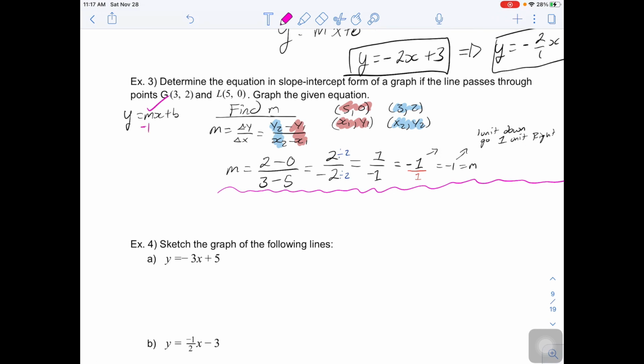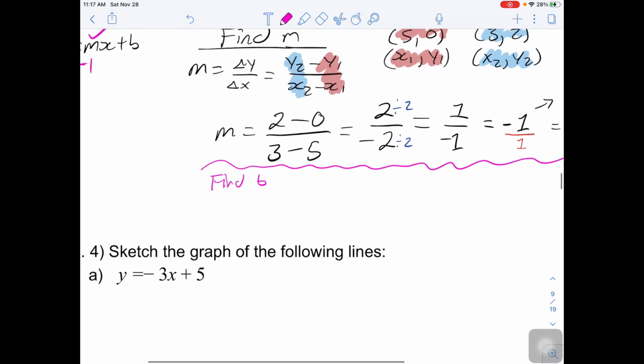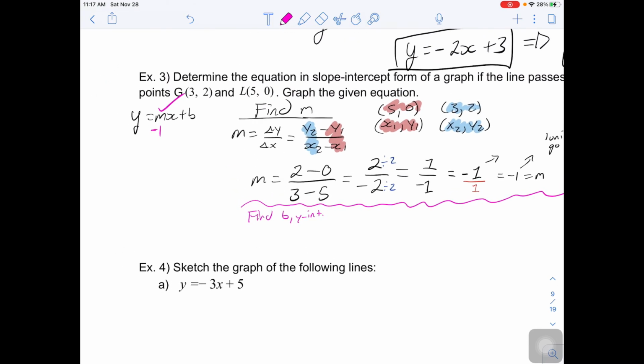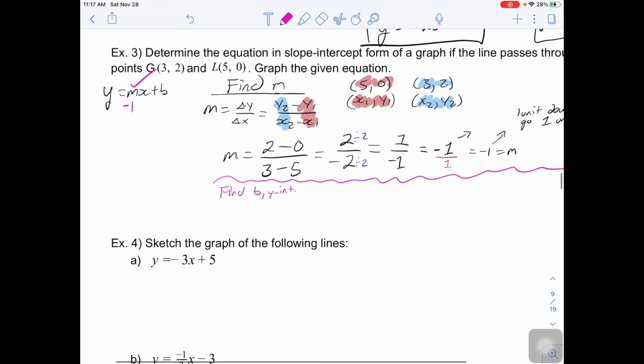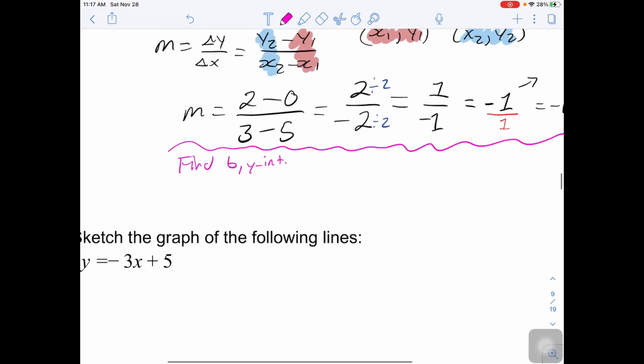Okay, now we need to find b. Remember, b is your y-intercept. How can I find b? I'm going to show you how to find b, because you can find b using another point.